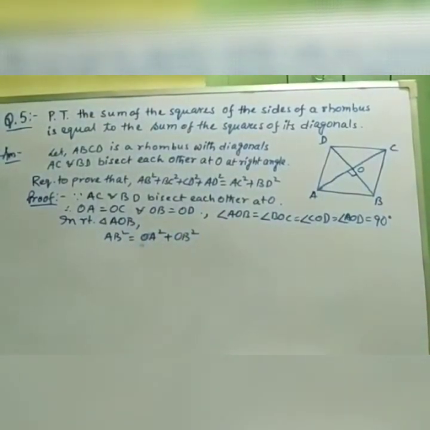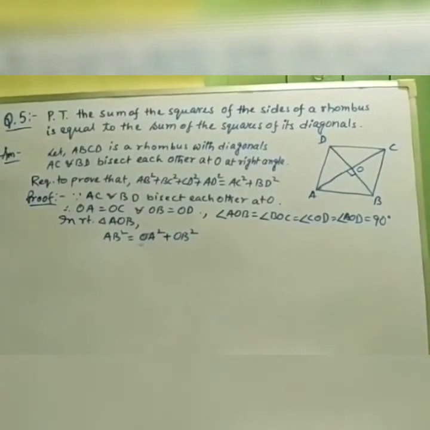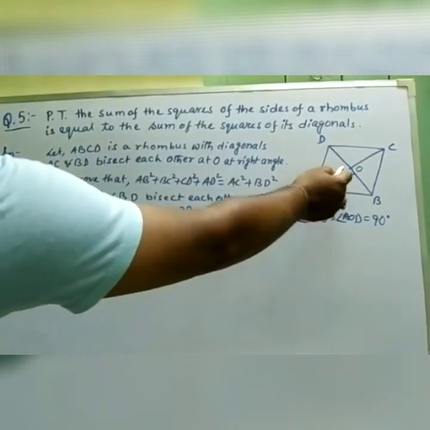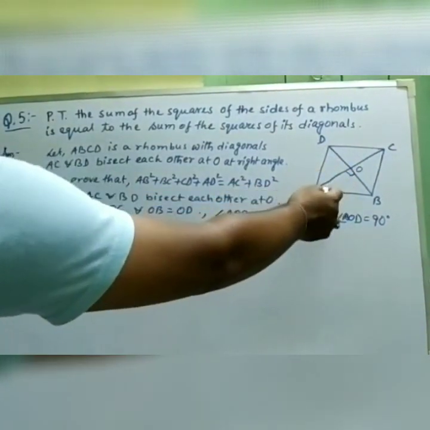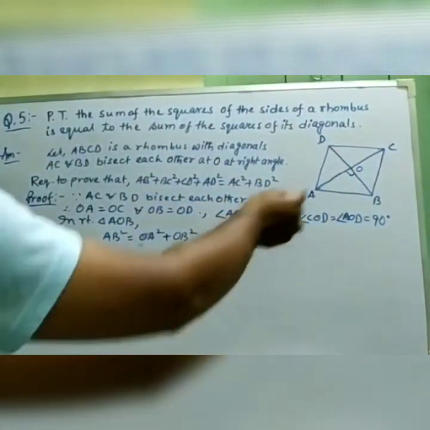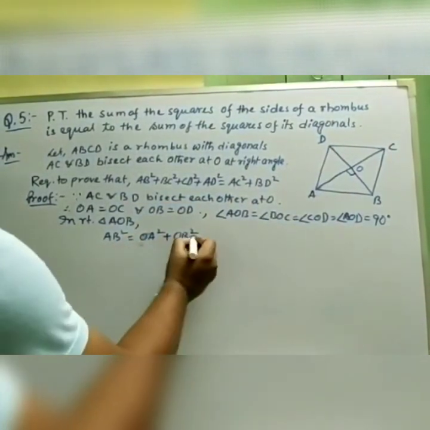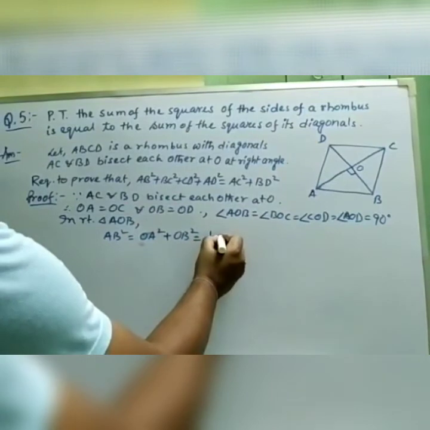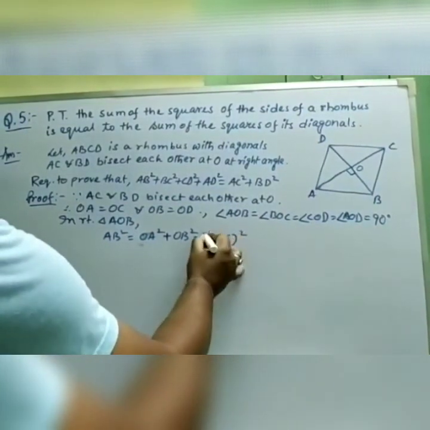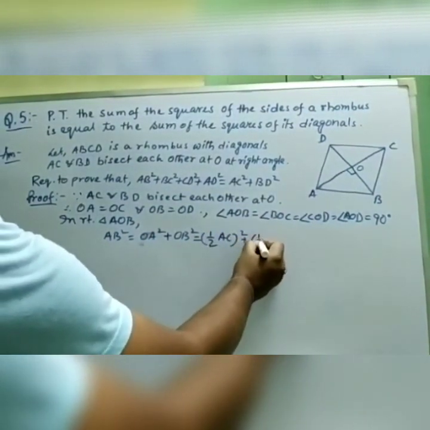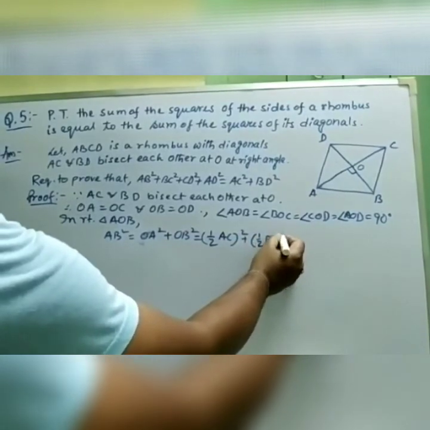And as we got OA equals OC, that means OA is half of AC, and OB equals OD, so OB is half of BD. So we can write half of AC whole square plus half of BD whole square.